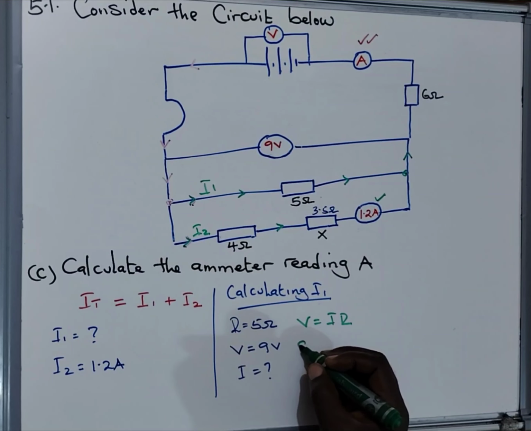V is 9, I is wanted, but R is 5, which gives us I being 9 over 5, giving us 1.8 ampere, and that is I1.